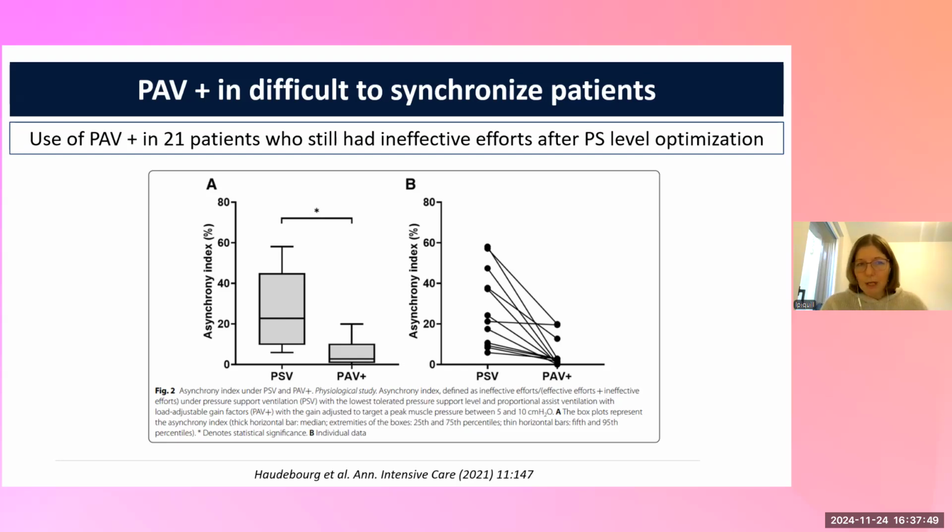And those patients still had ineffective efforts. You can see that switching them to PAV basically resolved the issue, because with PAV there were nearly no asynchronies anymore in those difficult to synchronize patients, which is clearly an interesting result, confirming that this type of system can definitely improve patient-ventilator synchrony.